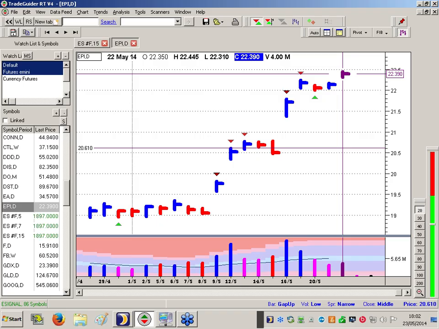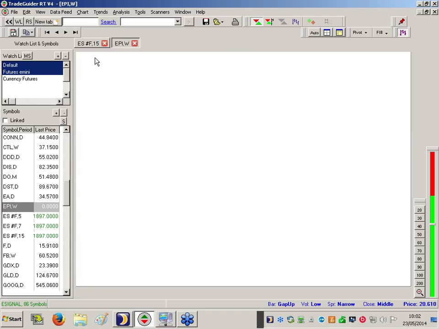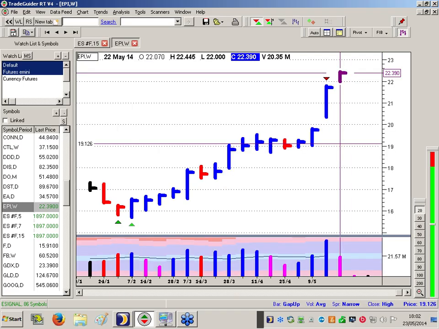Can we get weekly? Oh, that looks better. Wisdom Tree. Wonderful name.